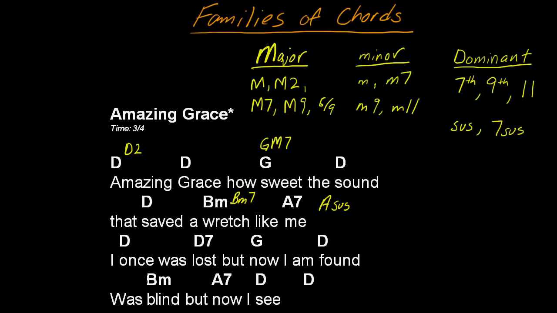If on this bottom line here, I were to just say, hey, I've learned this great new thing that I can do. So on this B, I'm going to play B minor 11. On this A7, I'm going to play an A9 chord. On this D, I'm going to play a D, because that's a major, D6 9.